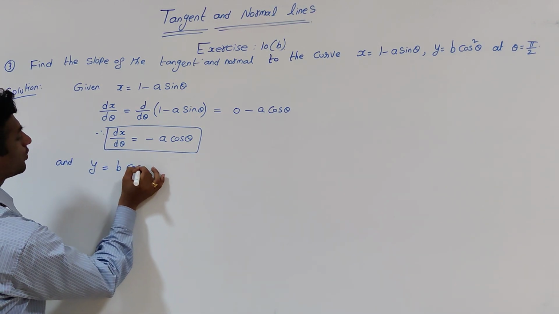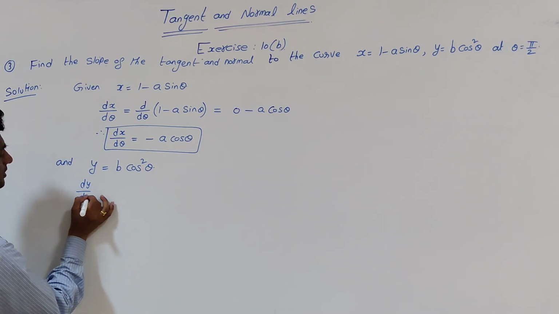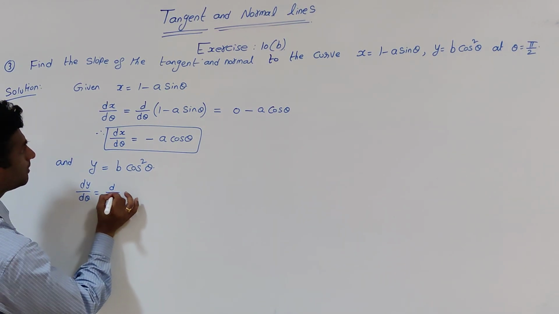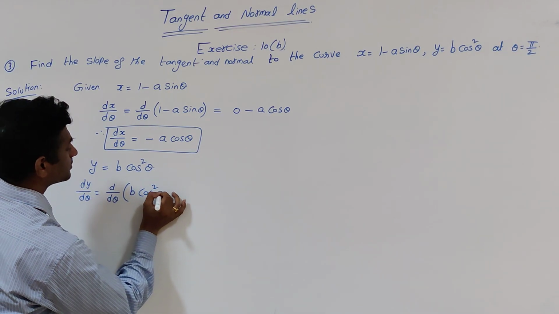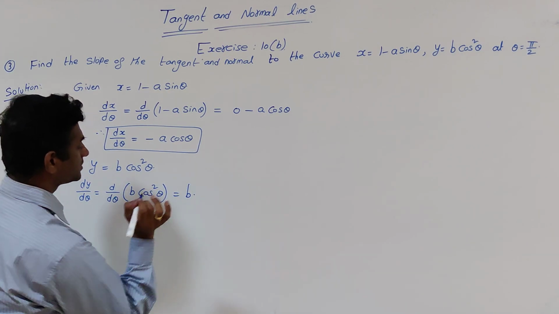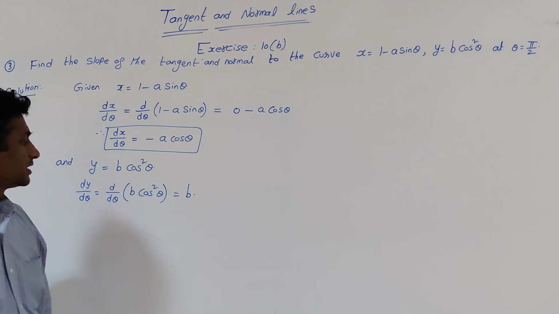b cos square theta. So dy by d theta is equal to d by d theta of b cos square theta, where b is constant. So now we have to find out the derivative of cos square theta.